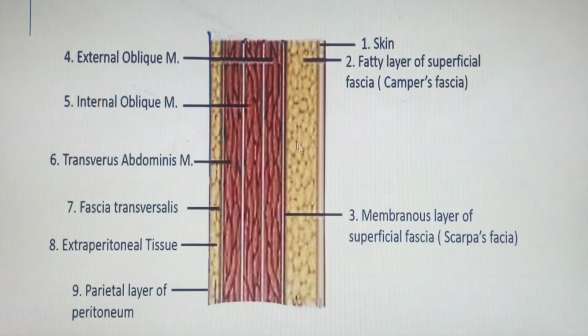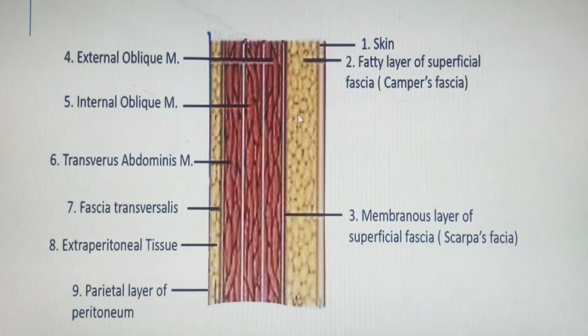Now get to know that in the anterolateral abdominal wall we are having two fat areas. This one is quite thicker, and that's the Camper's fascia, and this is the extraperitoneal fat layer. Individuals who tend to put on a lot of weight, usually it is this side which accumulates a lot of fat.